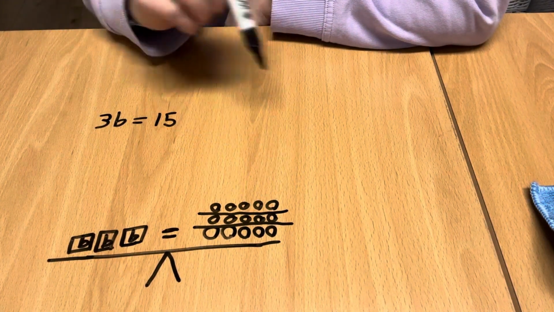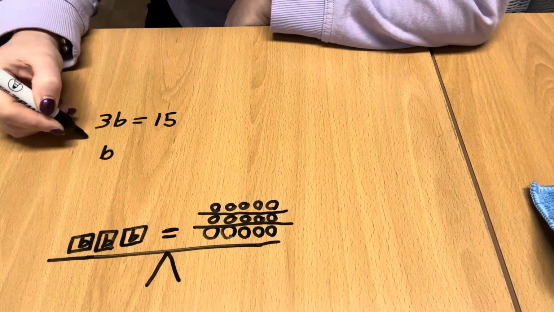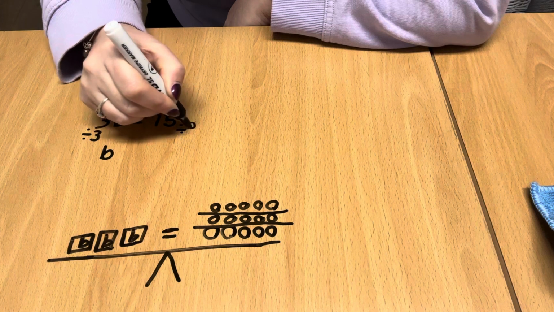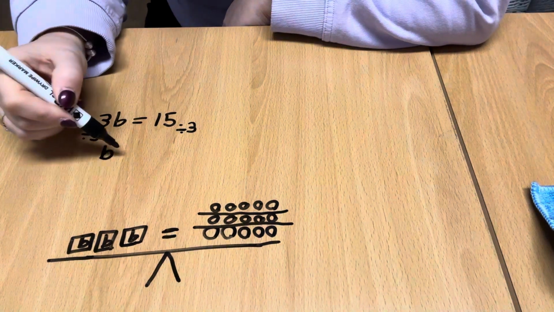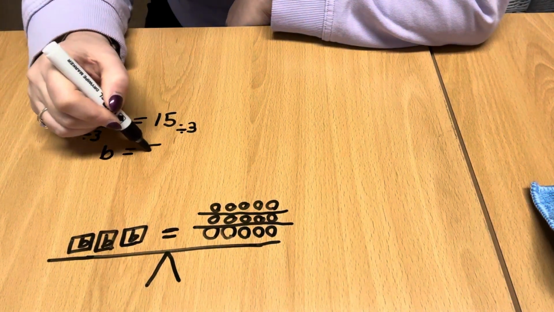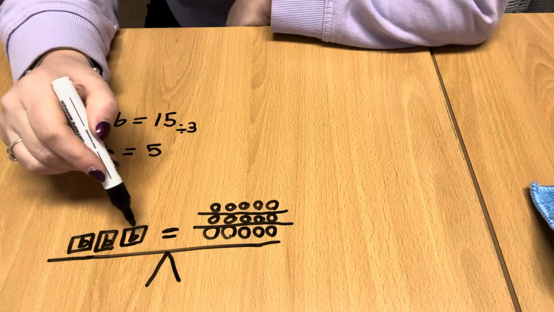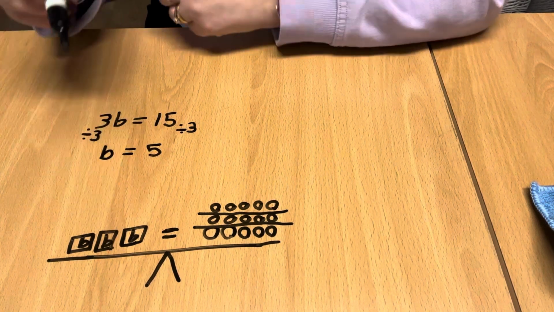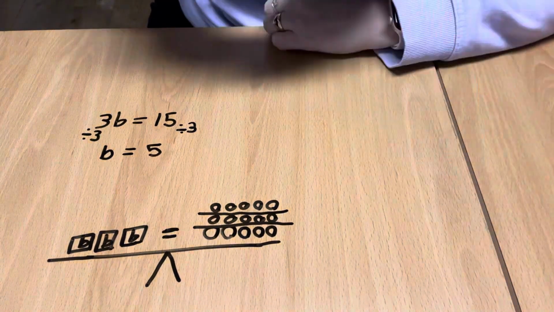So there's 5 in each box. To get rid of the 3, we divide by 3 and do the same on the other side so that we keep it balanced. Then B is equal to 5. So in one of the boxes, there's 5 counters. If we check that, we've got 5, 10, 15. That's your first stage.